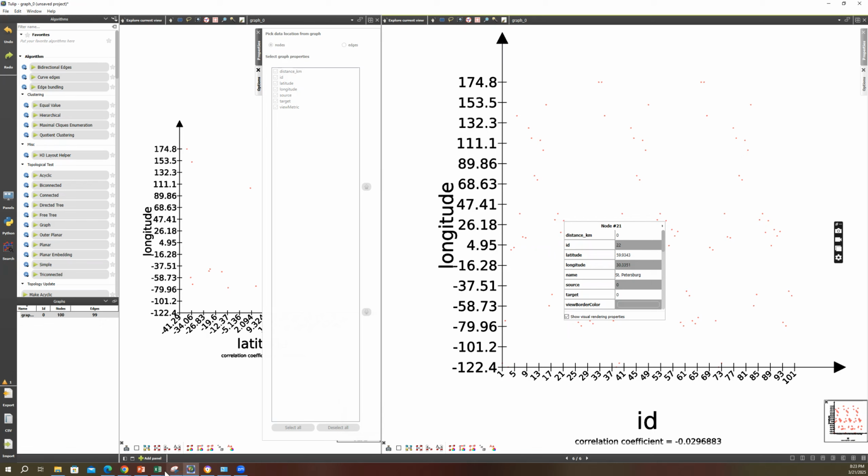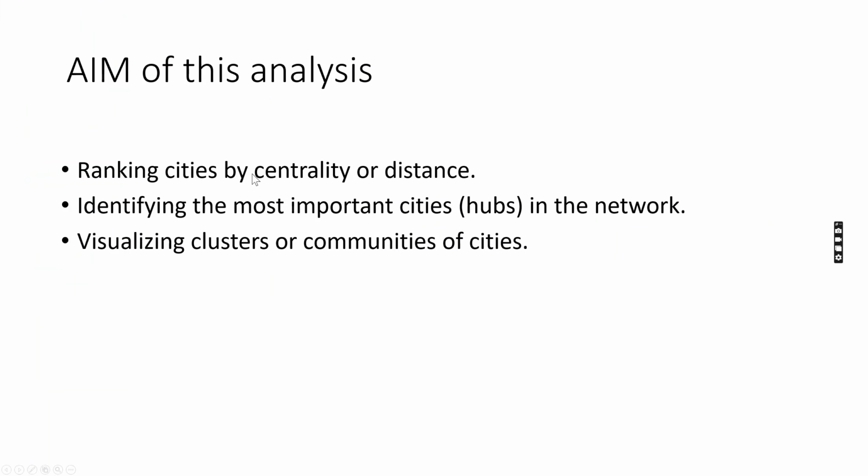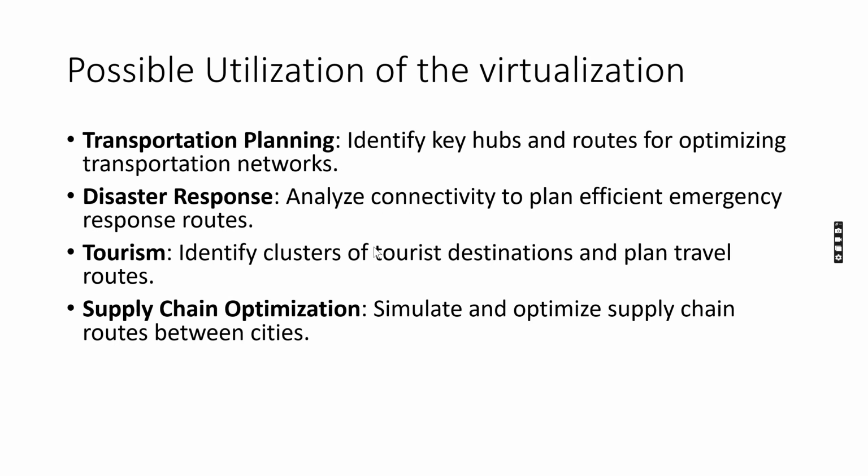And like I earlier mentioned, this will help you to rank cities by centrality or distance, identify the most important cities in the hub, and visualize the clusters and communities that are near each other. Also, when e-governments are planning for transportation, they would know the nearest route to, say, Damascus or Budapest.